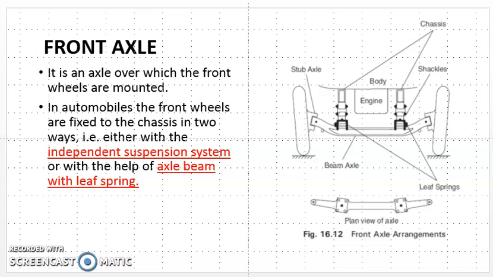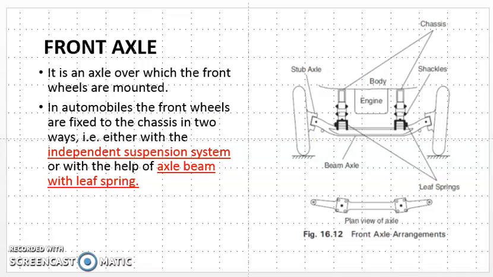First, by the independent suspension system, and we are going to learn the suspension system in detail. Also, you can make this axle connection with the chassis by using an axle beam with leaf spring.